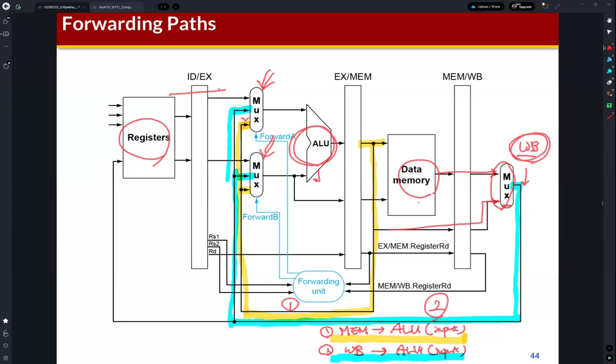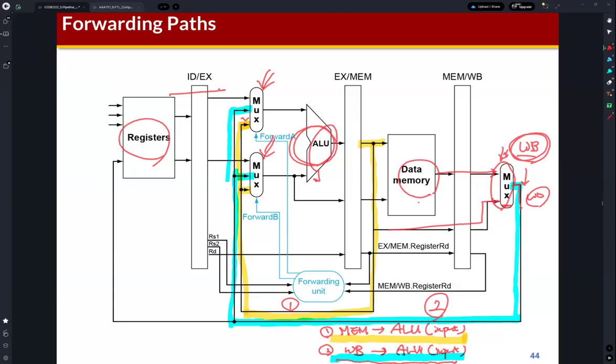But if the former instruction is an R type instruction, then the data comes from the ALU, right? So we need to select the data based on the instruction. So this is the final write back value. So for this second path, the output of the multiplexer needs to be forwarded.